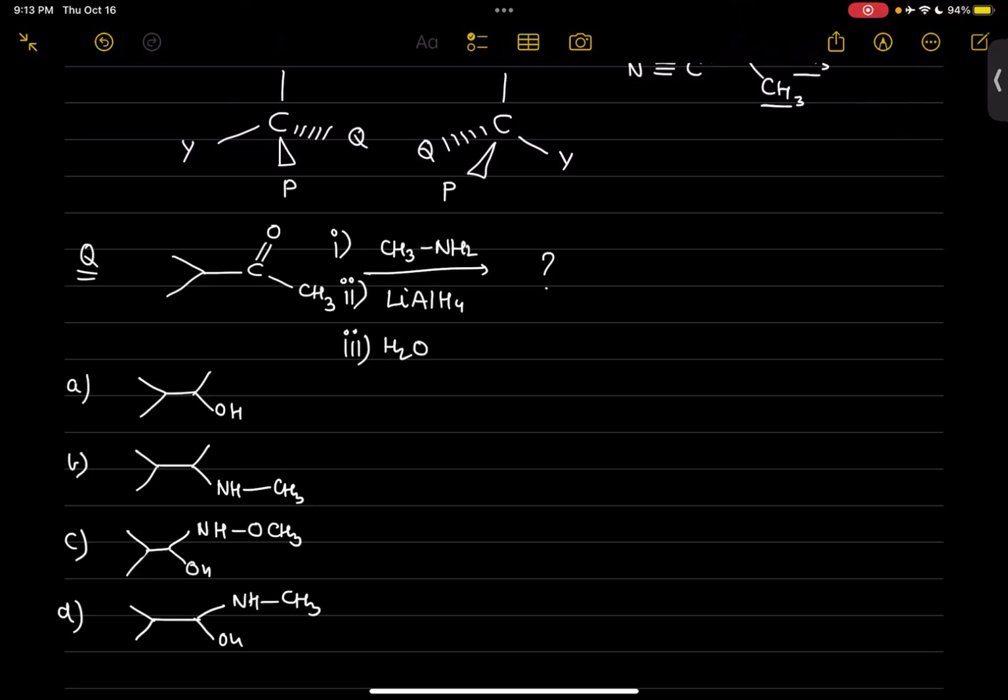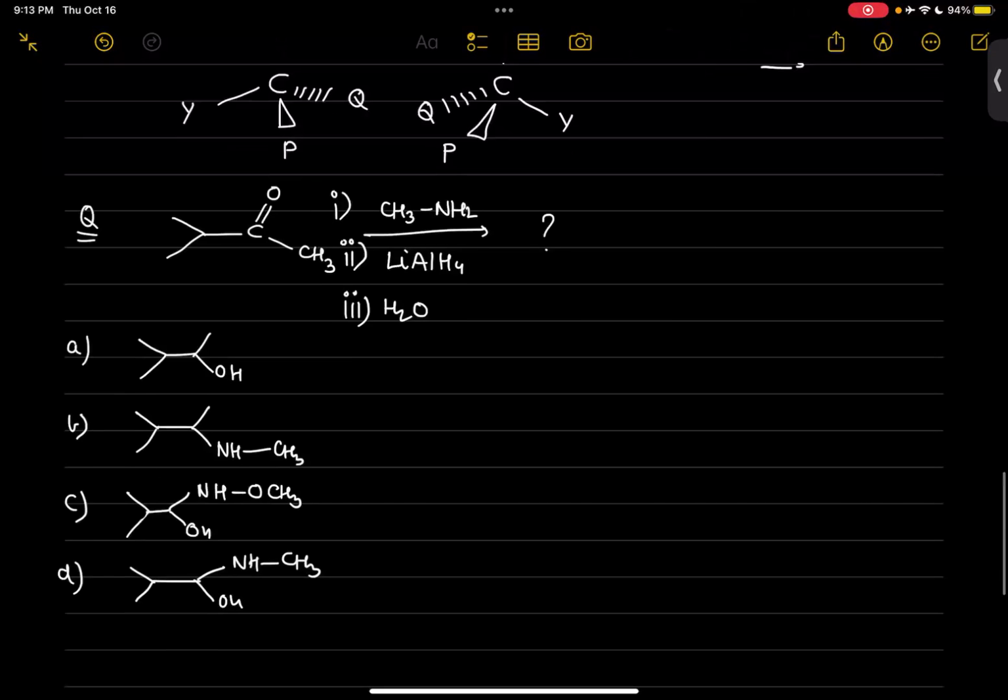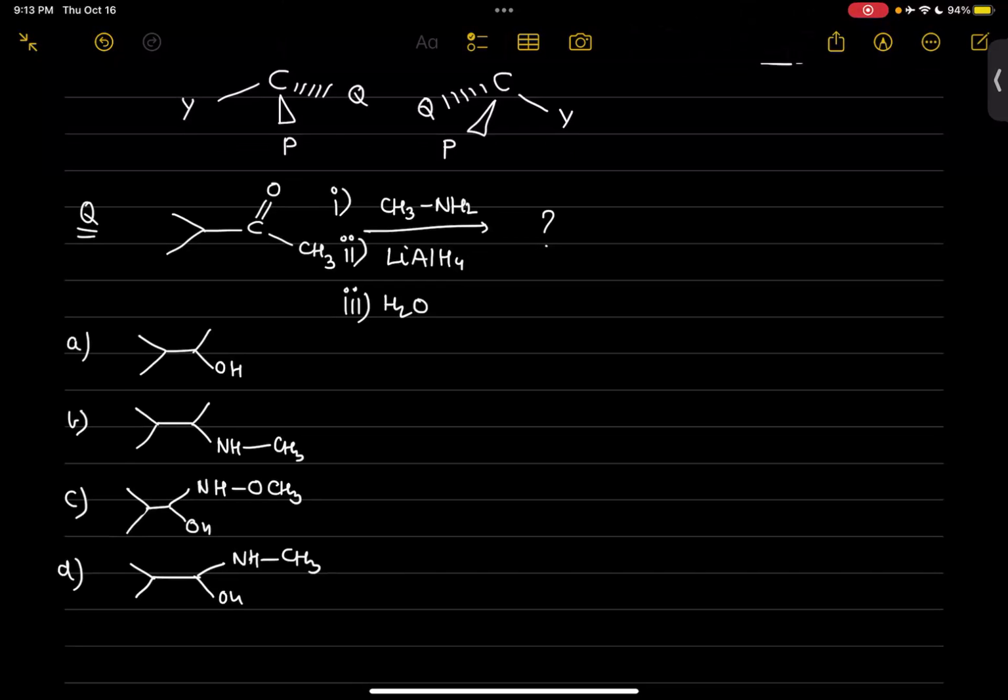Very important question. These questions have been asked in JEE also. The concept is just the same. So I hope all of you can answer it. I hope everybody is getting the question.